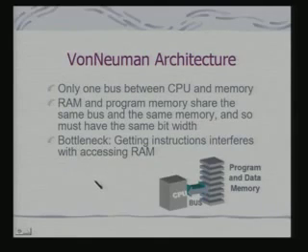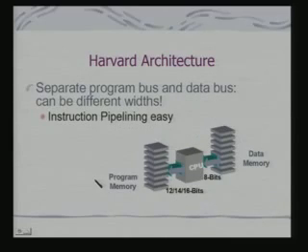Now, with this background, we shall look at a variant of this architecture. This is called Harvard architecture. The fundamental difference in the Harvard architecture is that I have got a program memory different from that of the data memory. And I have shown here two distinct buses connecting my CPU to the program memory and data memory.